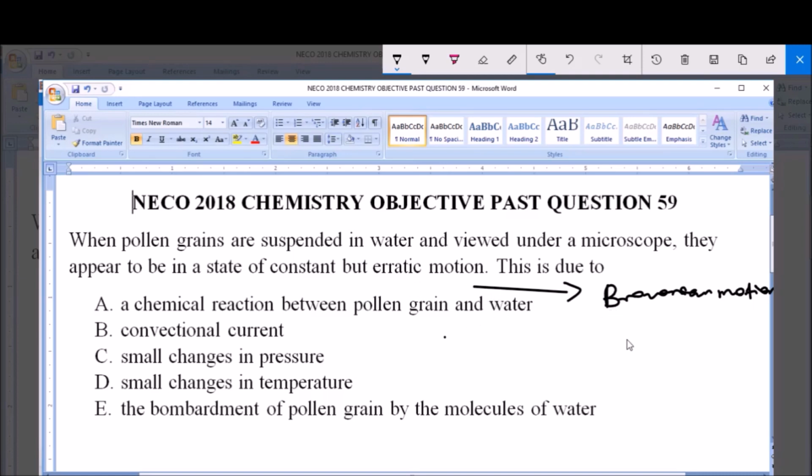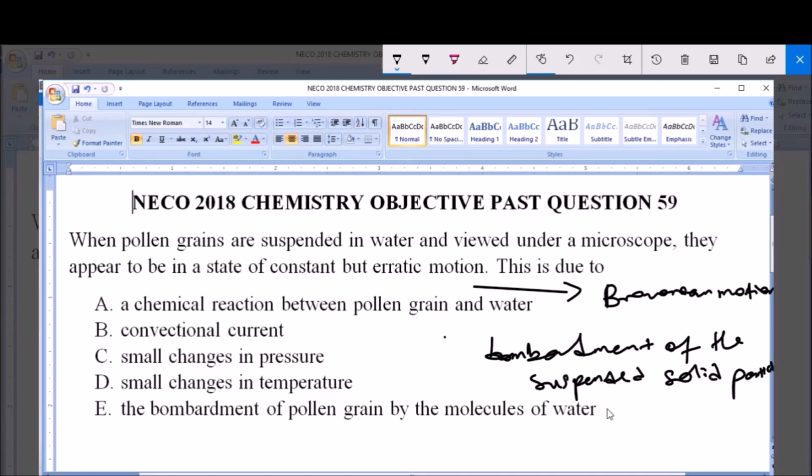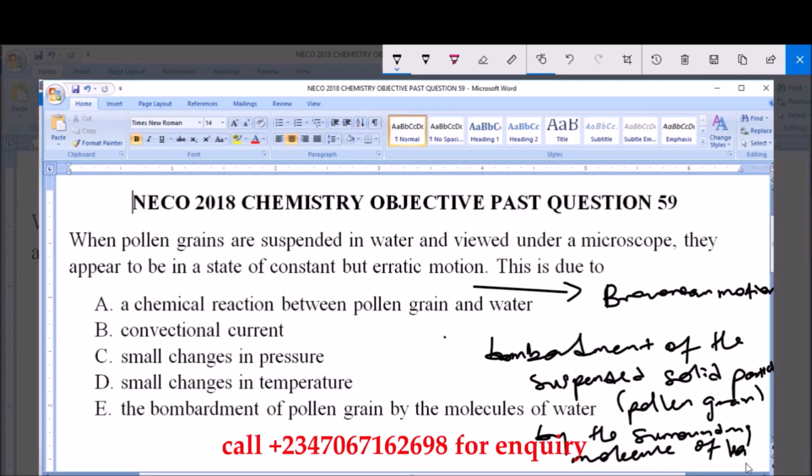Now this is actually due to the bombardment of the suspended solid particle. In this case, the pollen grain now is a solid particle, by the surrounding molecules of liquid medium, and in this case the water is the liquid medium.